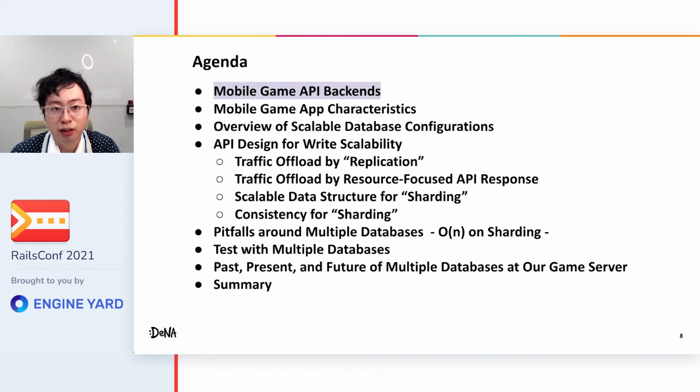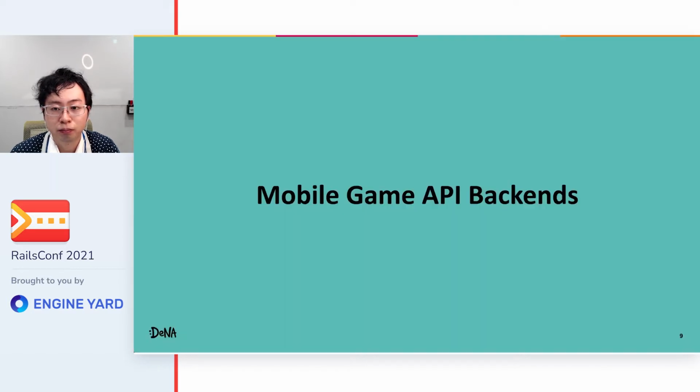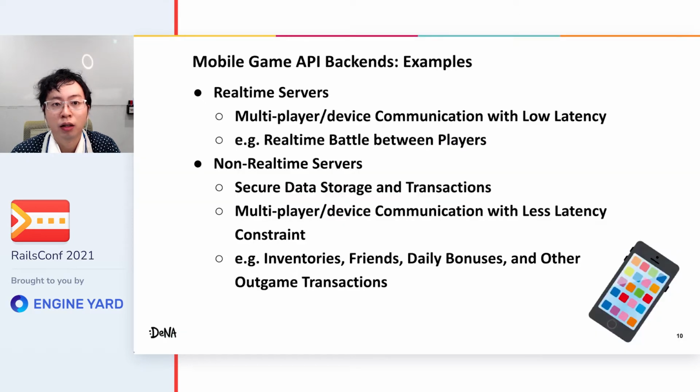Okay, let's start with mobile game API backends. Generally speaking, mobile game API backends are split into two categories. One is real-time servers, and the other one is non-real-time servers.